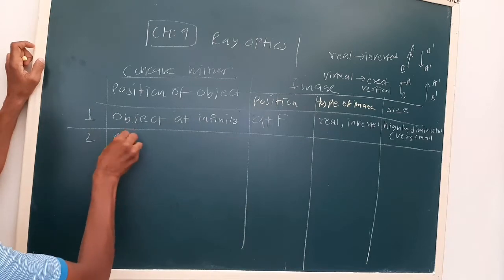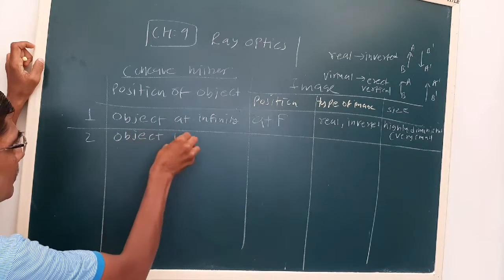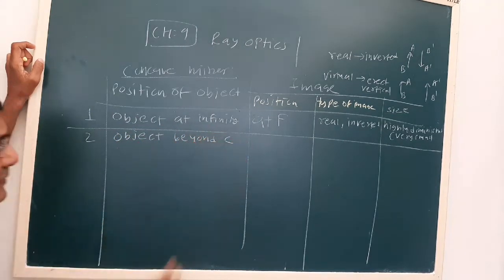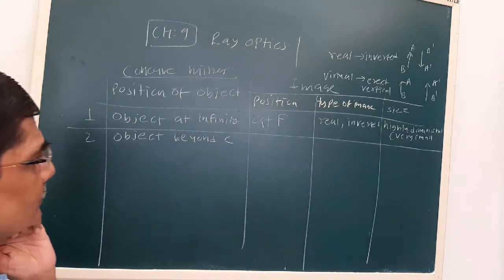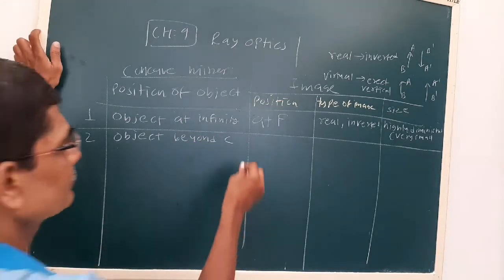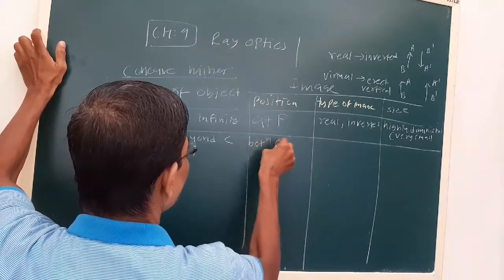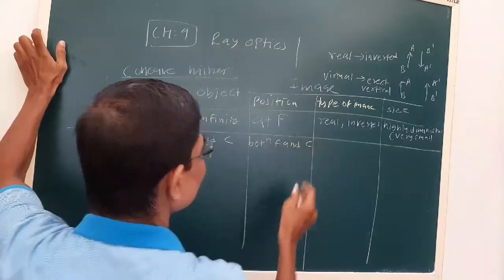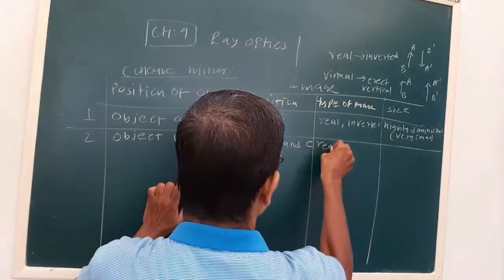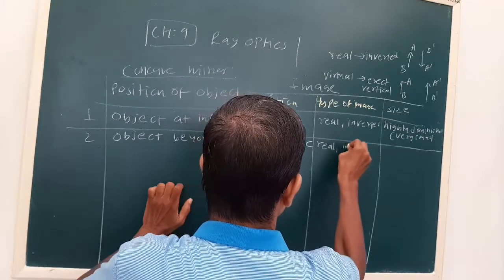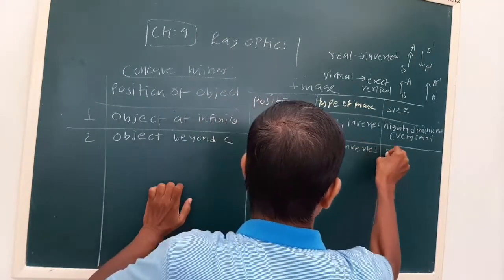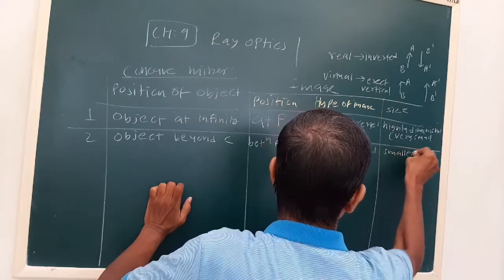Second, object beyond C. When the object is beyond C, the image is formed between F and C. It is real and inverted. The image will be smaller than the object.